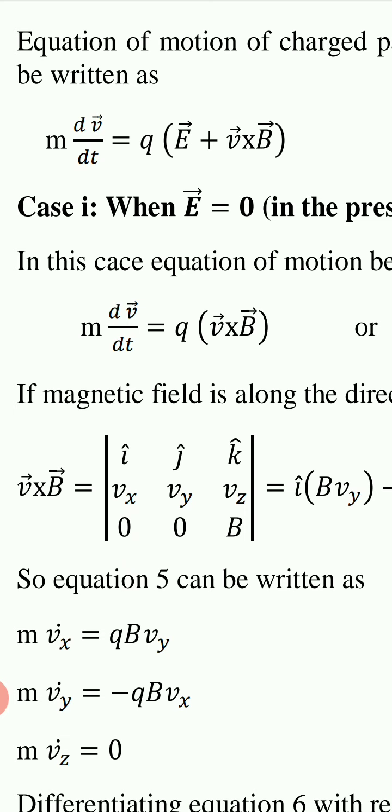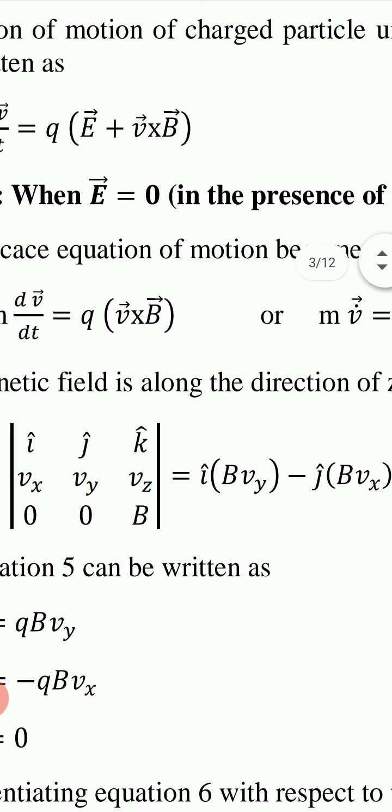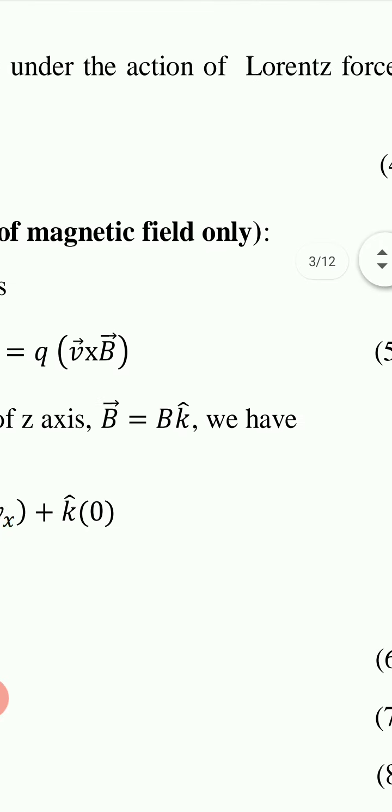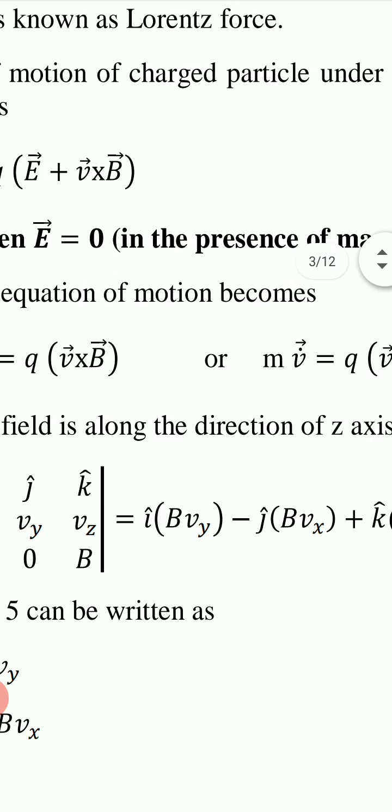So it is equal to m into dv upon dt. dv upon dt is acceleration, and mass into acceleration equal to force. This is the equation of motion of a charged particle under the action of Lorentz force.